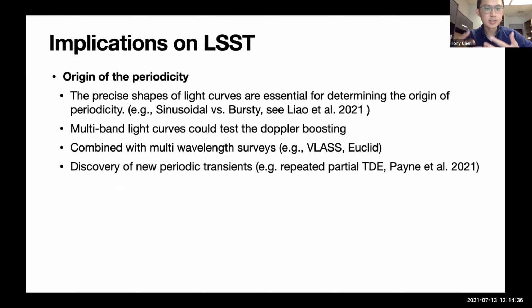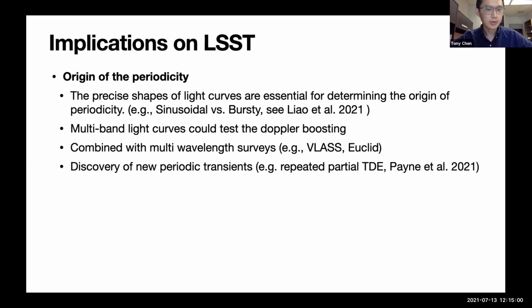Whether it is just sinusoidal or more bursty, the shape of the light curve is very essential. And as I have shown, the multi-band light curve can be used to test the Doppler boosting hypothesis, and LSST will be very good at it.